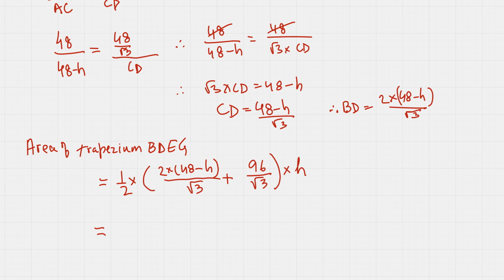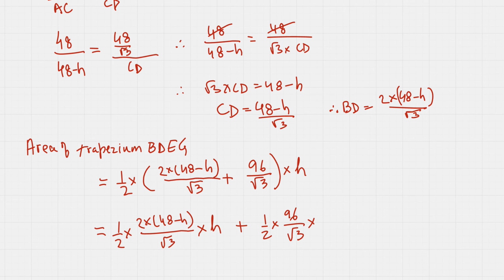Simplifying a little bit, we get half times 2 times 48 minus h over root 3, multiplied by h, plus half times 96 over root 3 times h.